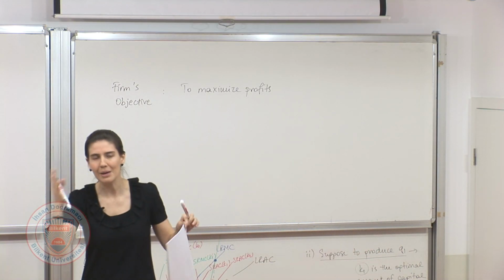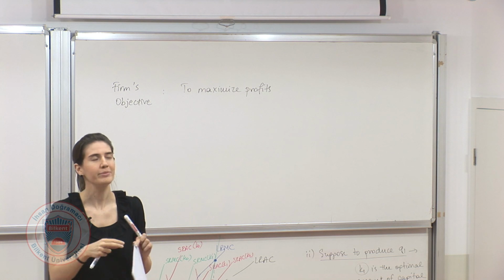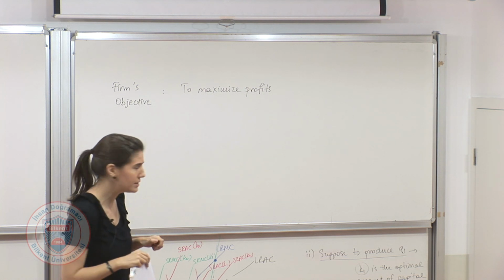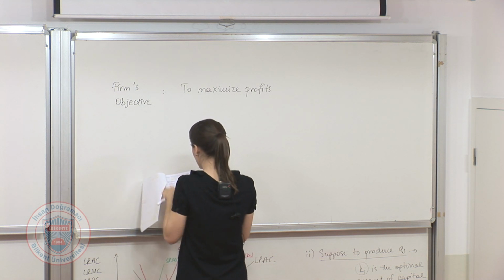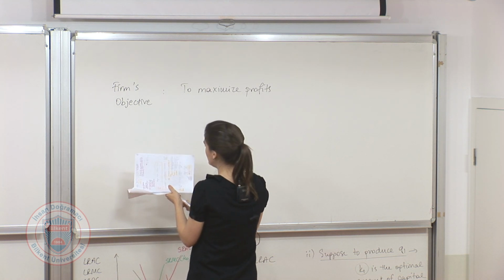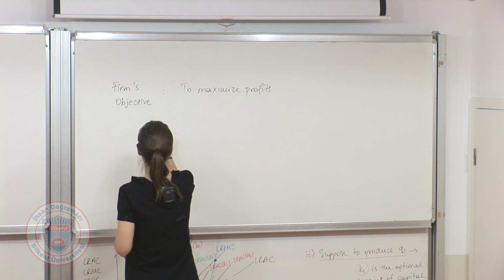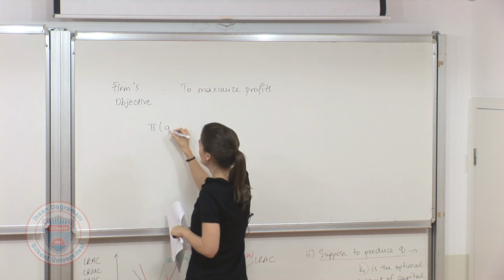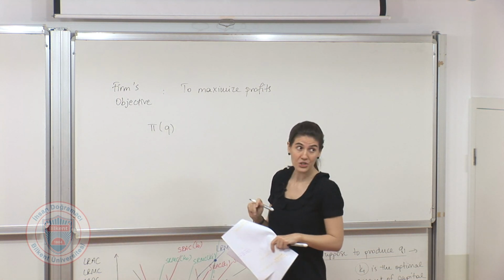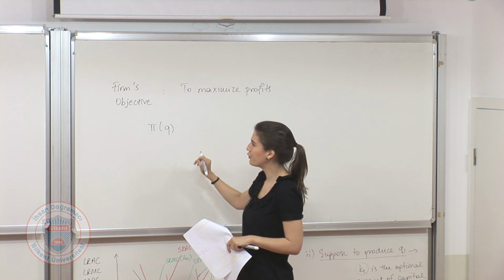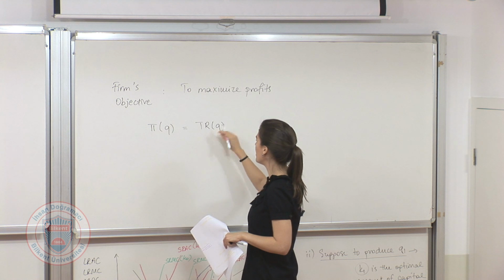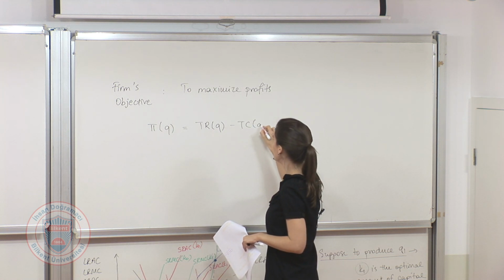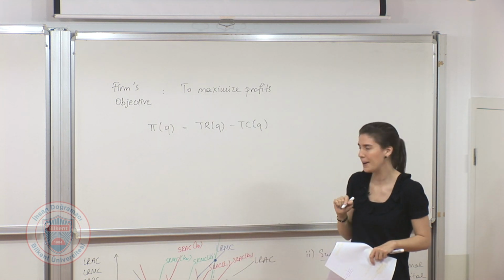But now suppose the firm's objective is to maximize profits. Let's see how the firm will act, okay? So this profit function is going to be a function of Q. Total revenue is a function of Q and total cost is a function of Q, okay?